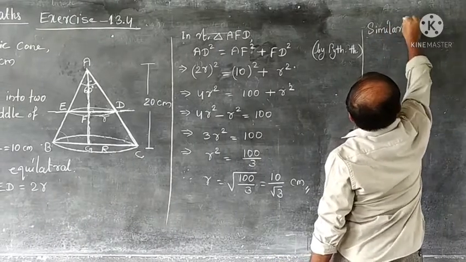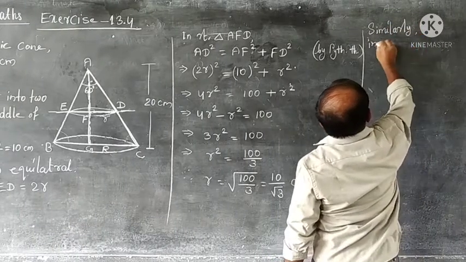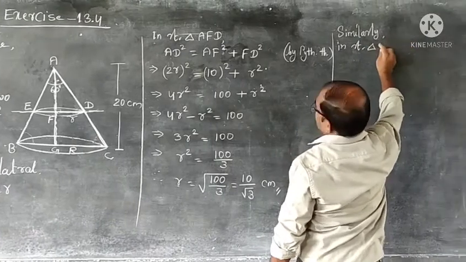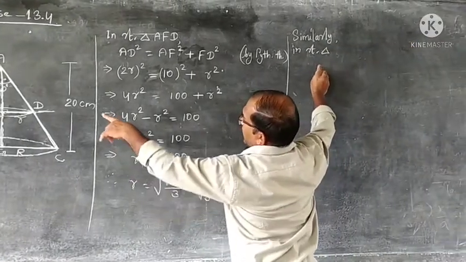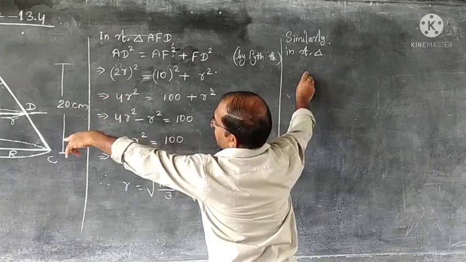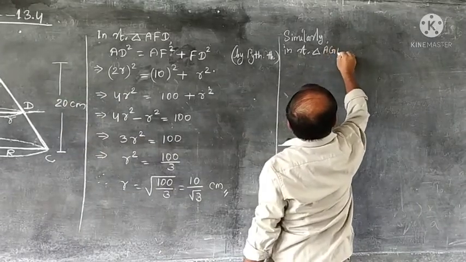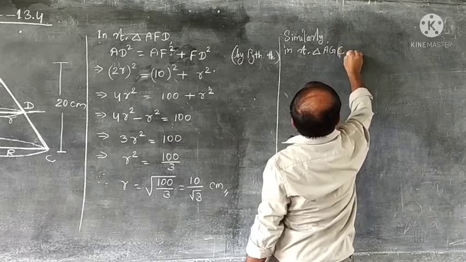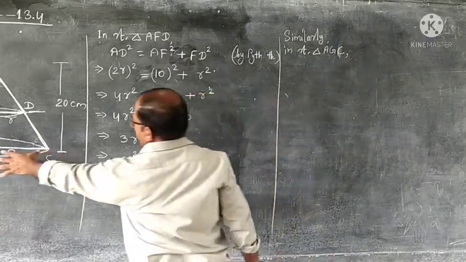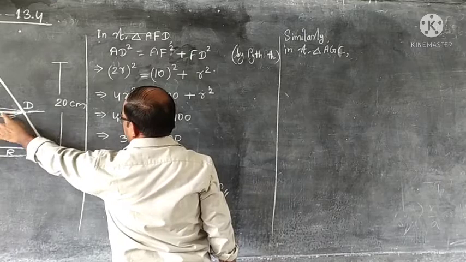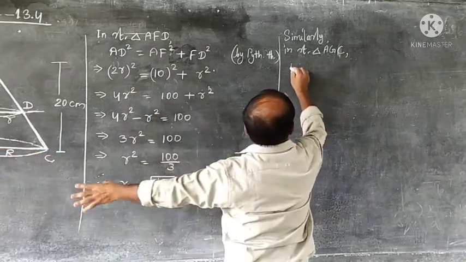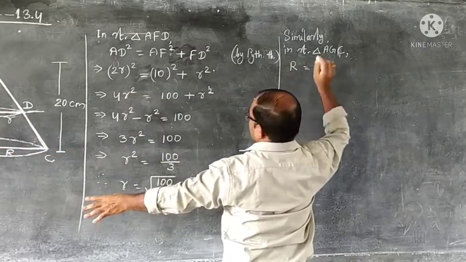Similarly in right triangle we will work AGC, and what we will find now? Here we found the smaller radius, here we are going to find the radius of the bigger end.